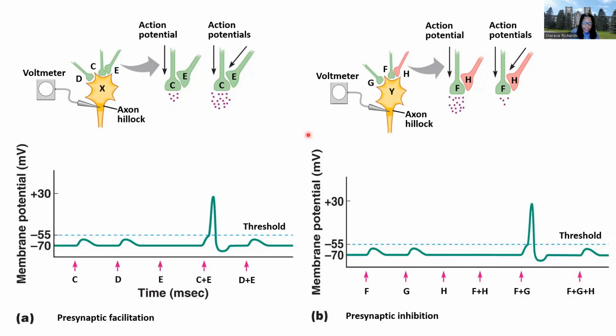Okay, so this is an example of presynaptic modulation, either facilitation, which encourages more neurotransmitter release, therefore a bigger graded potential on the postsynaptic neuron, or presynaptic inhibition, which is the opposite, less neurotransmitter release, therefore less of a membrane potential change on the postsynaptic neuron.